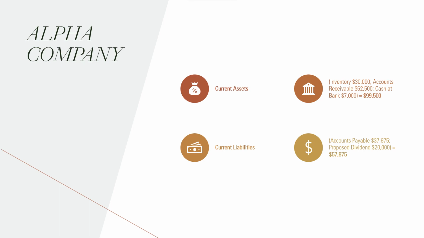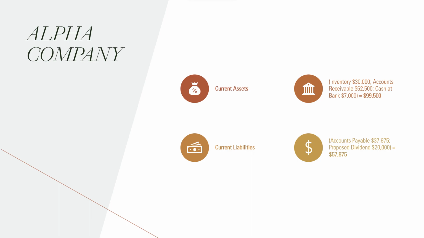The current liabilities include accounts payable of $37,875 and proposed dividend of $20,000. The total of current liabilities is $57,875. Now I will use these numbers to calculate the current ratio and the quick assets ratio of Alpha Company, and then I will interpret the results.